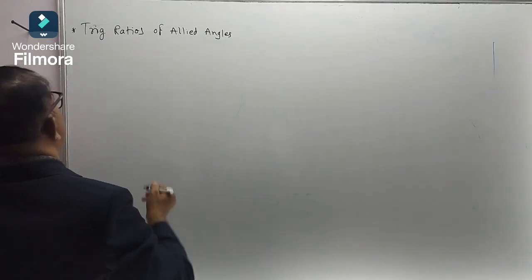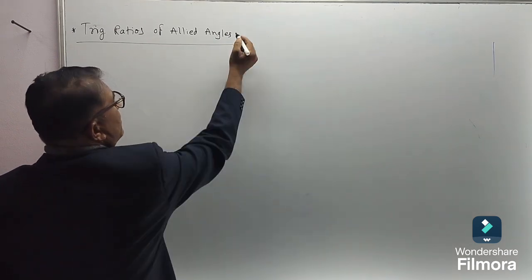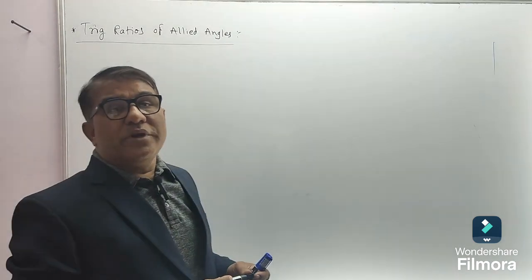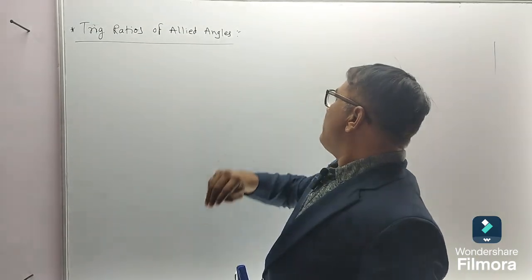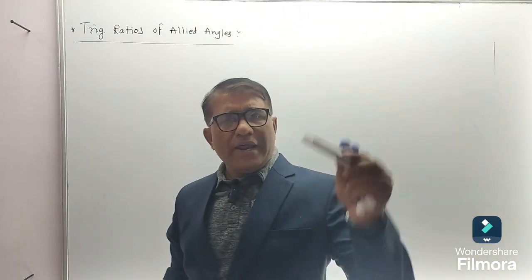Okay. After finding trigonometric ratios of standard angles, let us find trigonometric ratios of allied angles. What are allied angles?